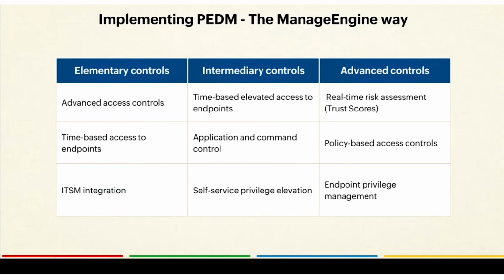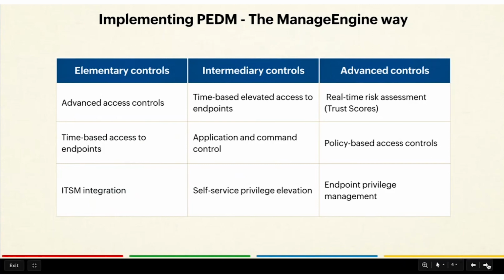Under the intermediary control, we are going to provide users with a time-based access control mechanism. And in the advanced control, we also have a zero trust mechanism, providing a real-time risk assessment for the user. All these things will be achieved by implementing ManageEngine PAM 360.